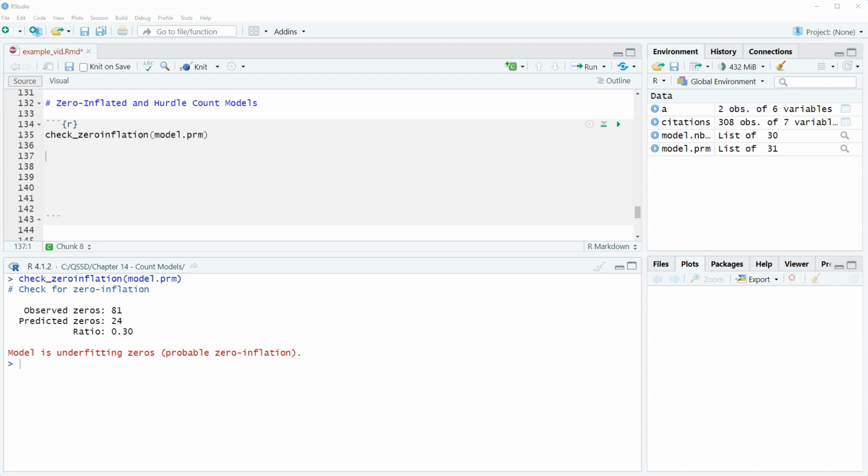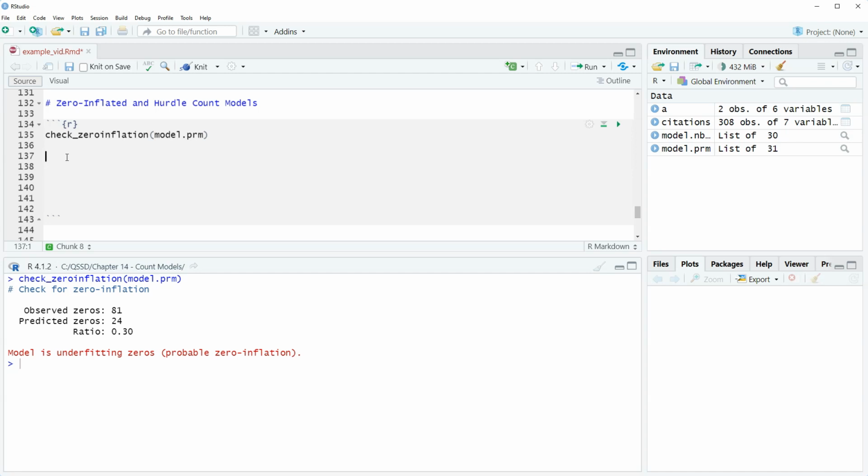So which one do we use? To be honest, I think the guidance on this is pretty bad. Some researchers that specialize in count models suggest that you should really only use zero inflated if you have a real understanding of why the zeros occur.